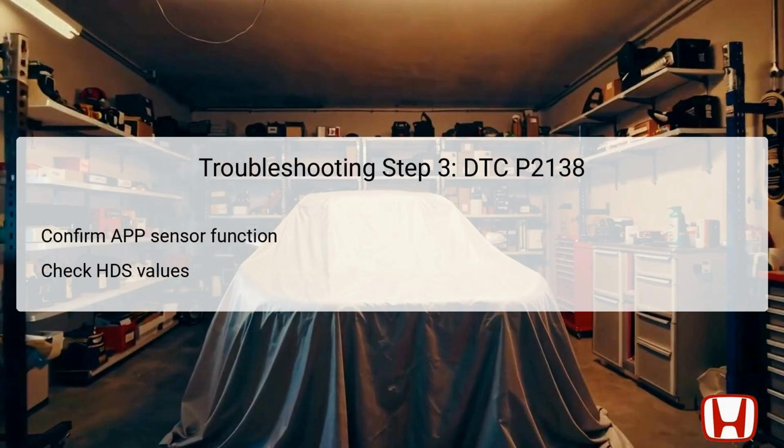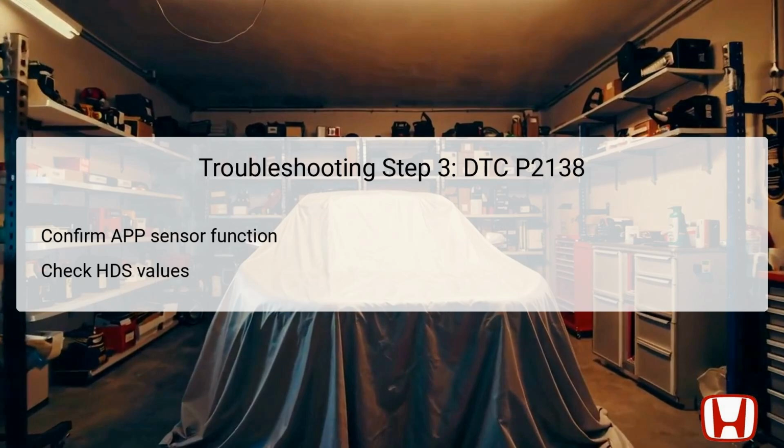In the third troubleshooting step, focus shifts to confirming the function of the APP sensors. This involves using a Honda Diagnostic System, HDS, to verify the voltage readings for APP sensors A and B. When the accelerator pedal is pressed to various positions, the HDS should display corresponding voltage values.